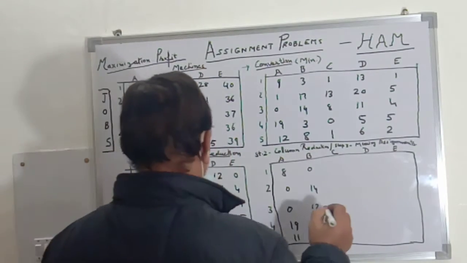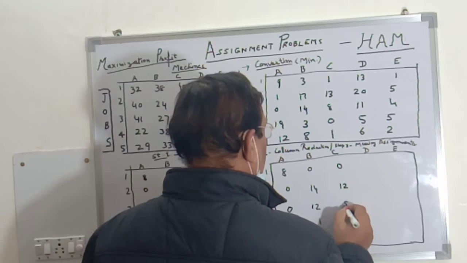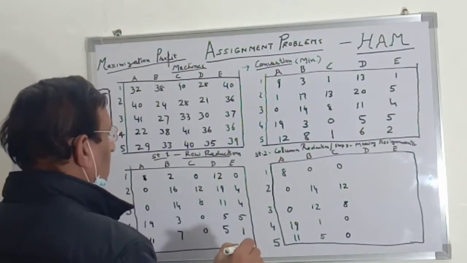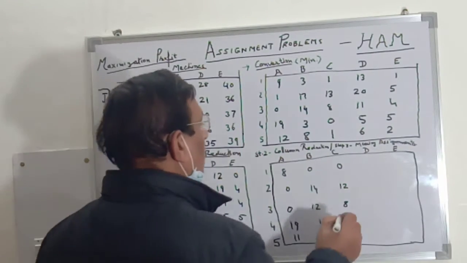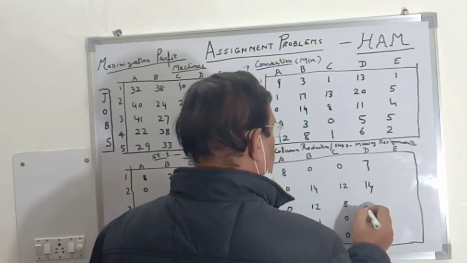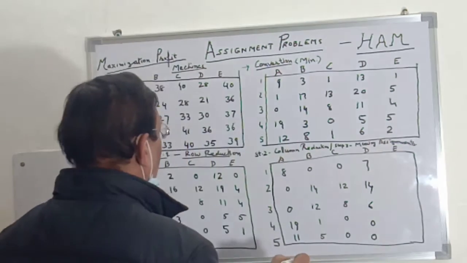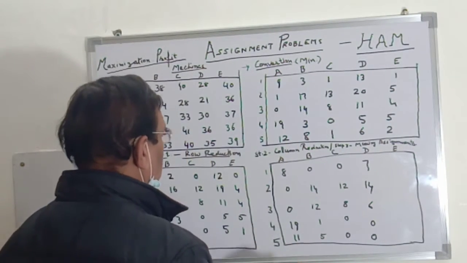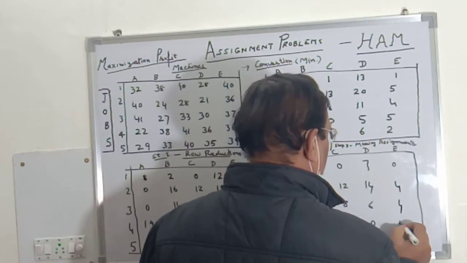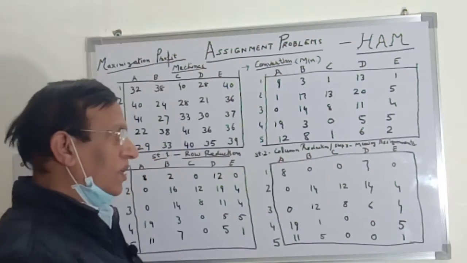Third column, zeros are there: 0, 12, 8, 0, 0. In the fourth column, minimum is 5, so 7, 14, 6, 0, 0. And in the last column, 0 is already there, so 0, 4, 4, 5, 1. This is your column reduction.